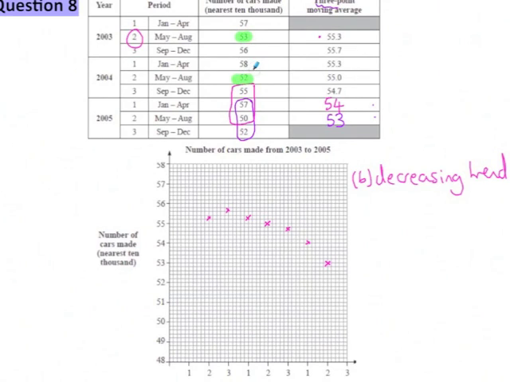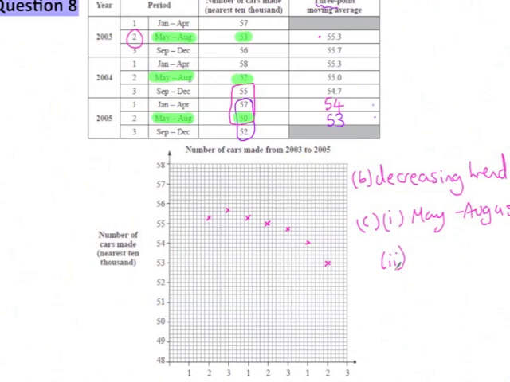Here, 52 is the lowest, 58 is higher, 53 is higher. 55 is higher. And here, 50. So we can see here that the period from May to August is where the fewer cars are being made.